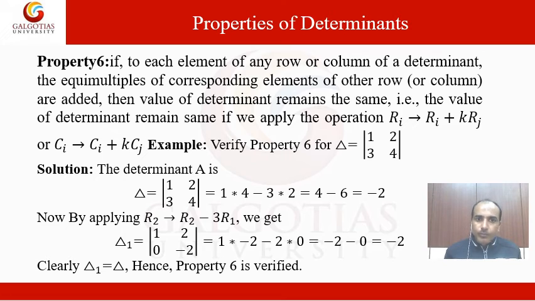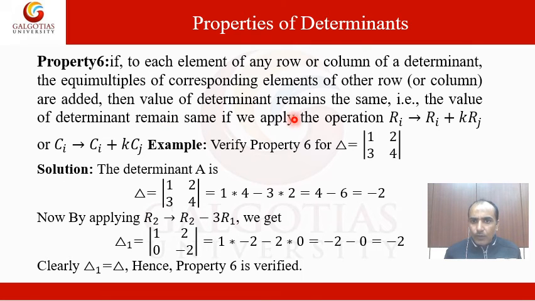Now property number 6, this is the last property. It states that if to each element of any row or column of a determinant, the equimultiples of the corresponding elements of another row or column are added, then the value of the determinant remains the same.